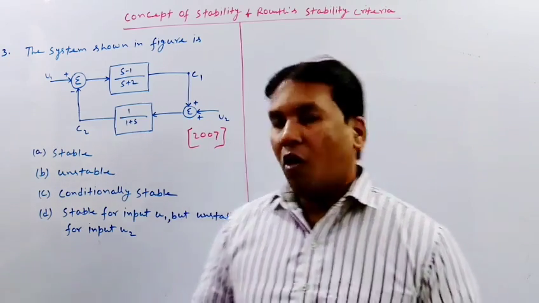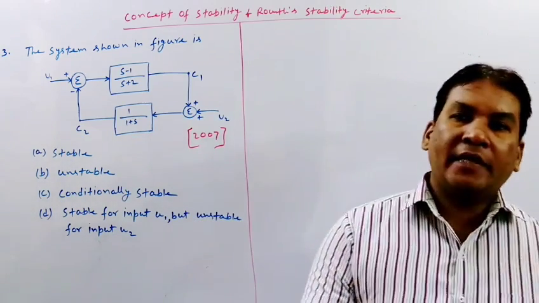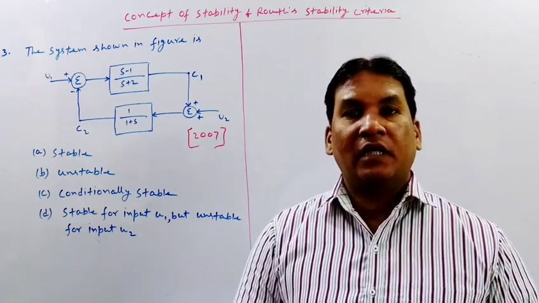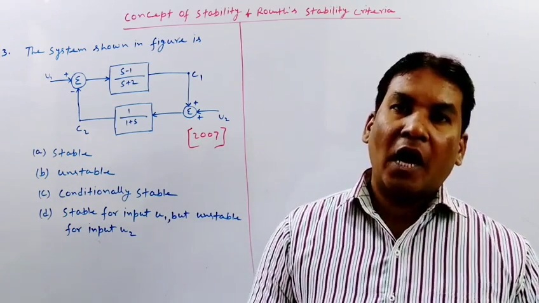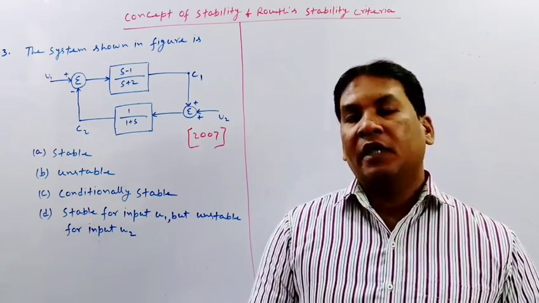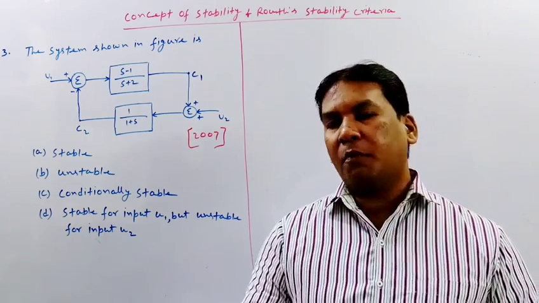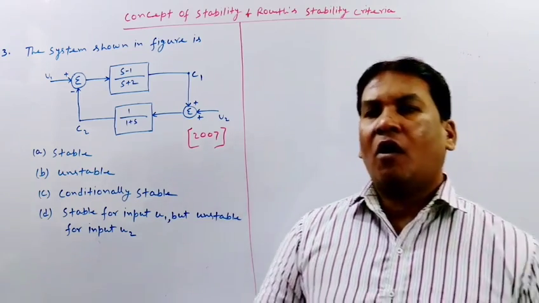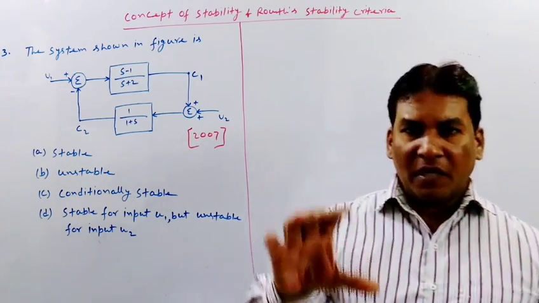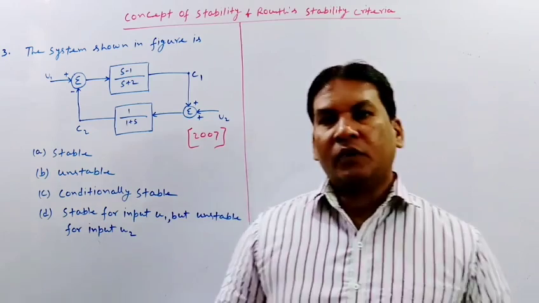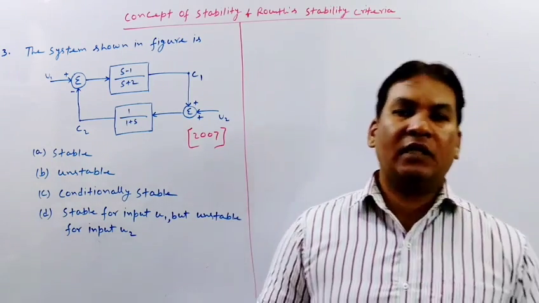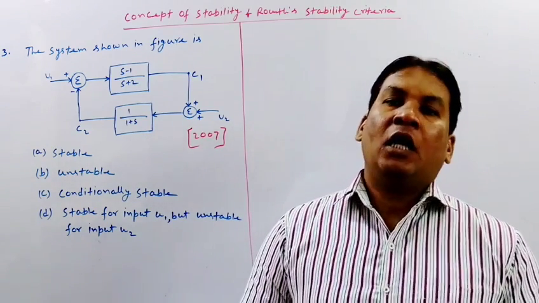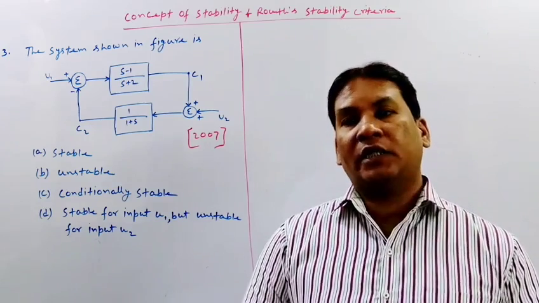If all the poles are lying in the right half of the plane, then the system will be unstable. And if all the poles are lying in the left half, except some poles lying on the imaginary axis, then the system will either be marginally stable or unstable.